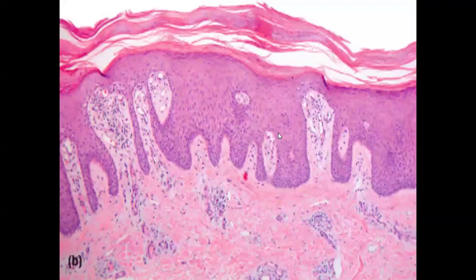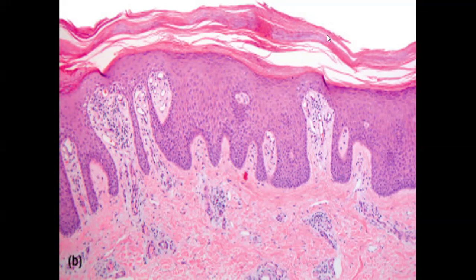If we do a histopathology, the most characteristic feature is the presence of thick columns of parakeratosis. And by parakeratosis, we mean retention of nuclei in the stratum corneum. So whenever there is parakeratosis, the granular layer is usually absent.